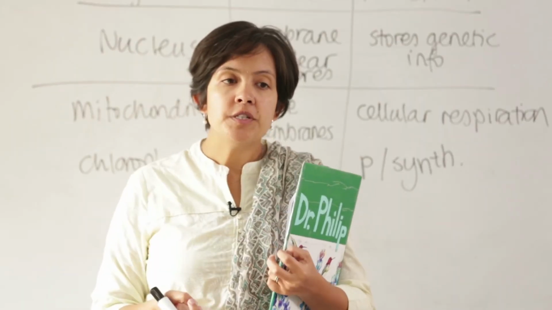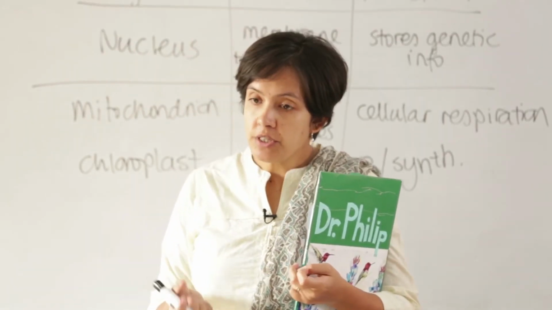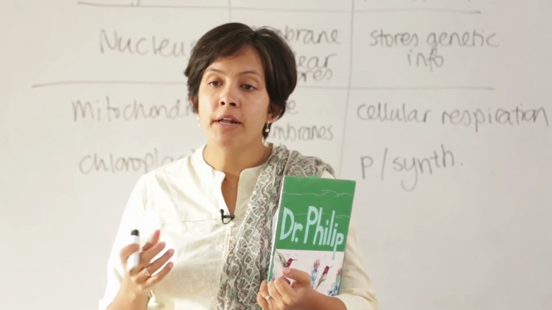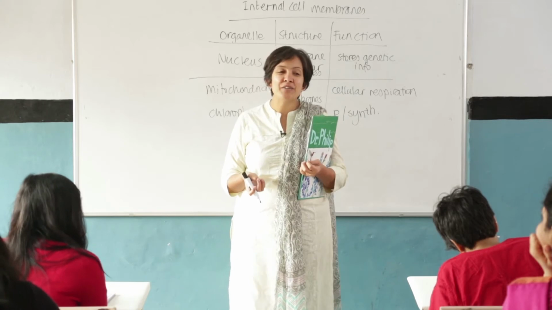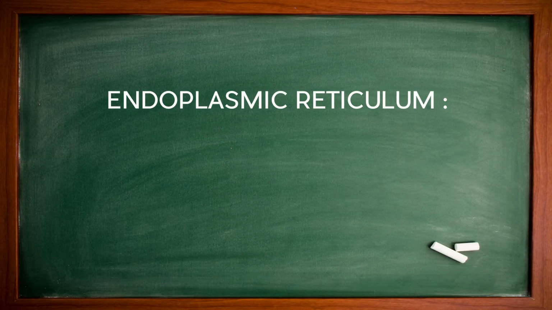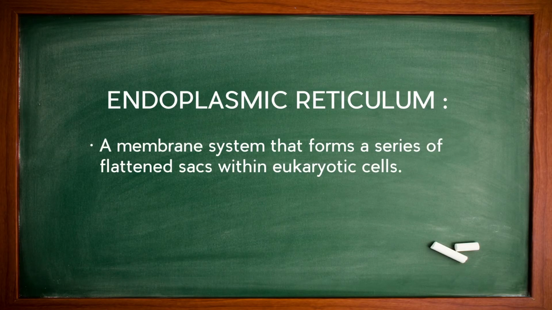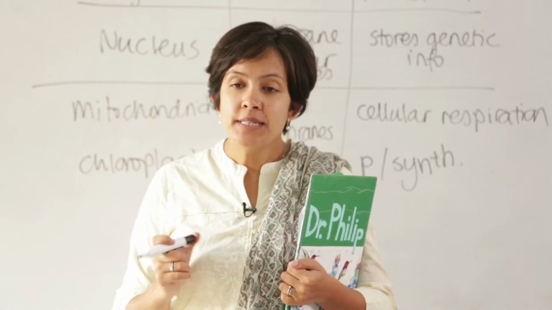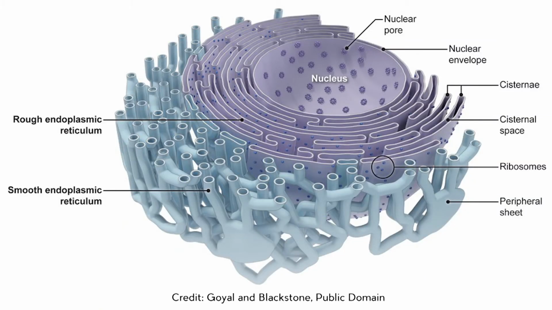Now that we've reviewed some of the functions and the structures of the nucleus, the mitochondria, and the chloroplast, we're going to learn about a new organelle for us, and that is called the endoplasmic reticulum. As you see in the slide, the endoplasmic reticulum is this series of folded up membranes that are just located outside of the nucleus.